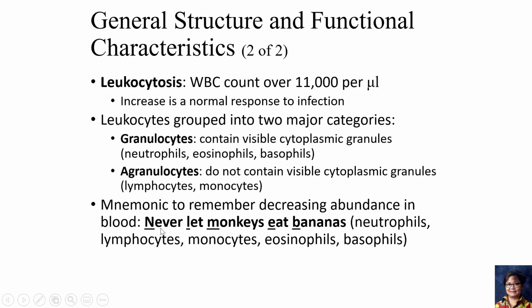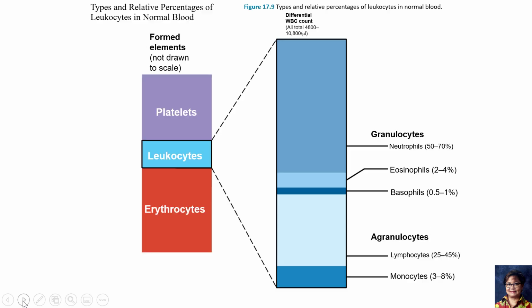N stands for the neutrophil, L stands for the lymphocyte, M stands for the monocyte, E stands for eosinophil, and B stands for basophil. So from the top, which is never, the neutrophil is the top in abundance, and the rarest is actually basophil. So you could use this mnemonic whenever you're being asked a question about the abundance of these white blood cells.